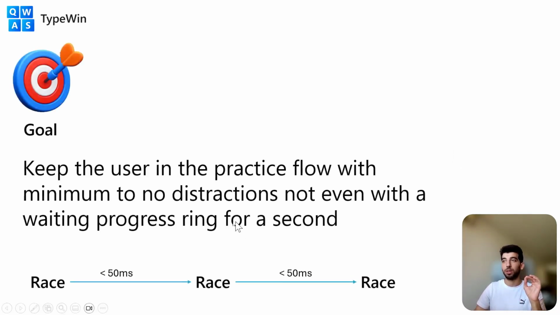That was a very important thing. So I set this goal before I even started the development of this feature: keep the user in the practice flow with minimum to no distractions, not even a waiting progress ring for a second. I set the goal at 50 milliseconds, and then I found a way that it ended up being 1 millisecond, and it can be less. That will depend on the server, actually.